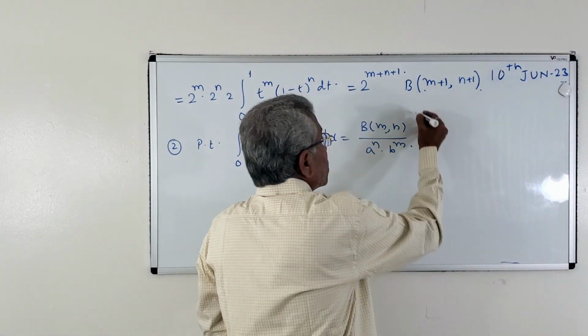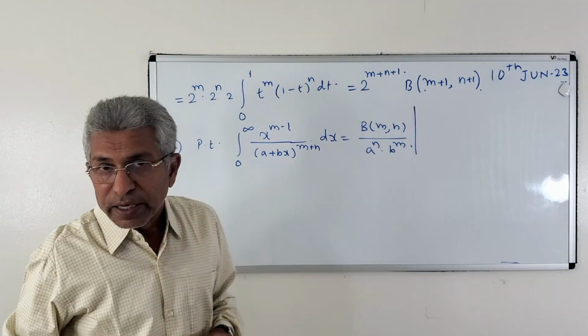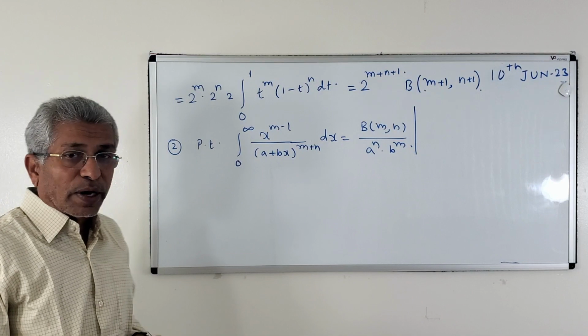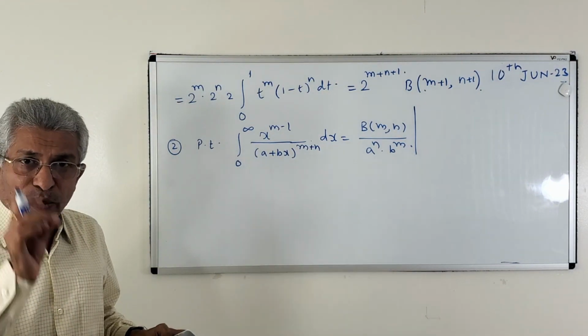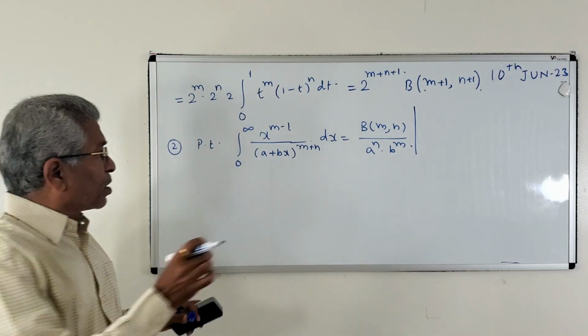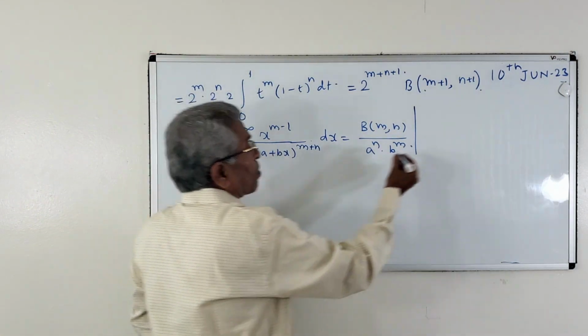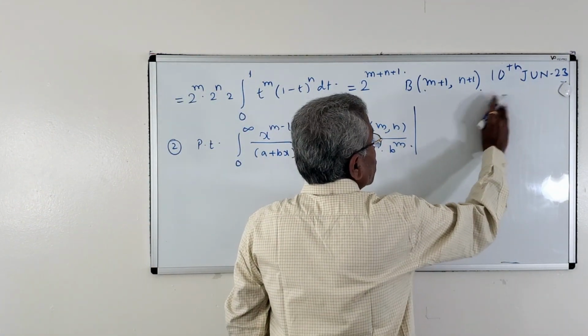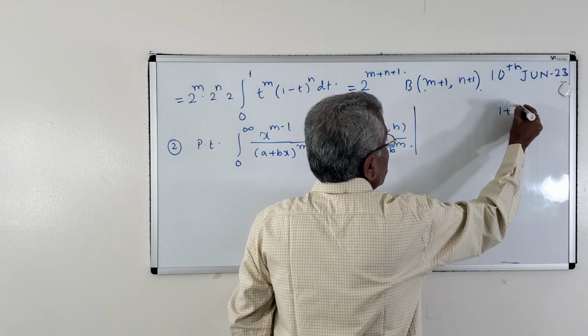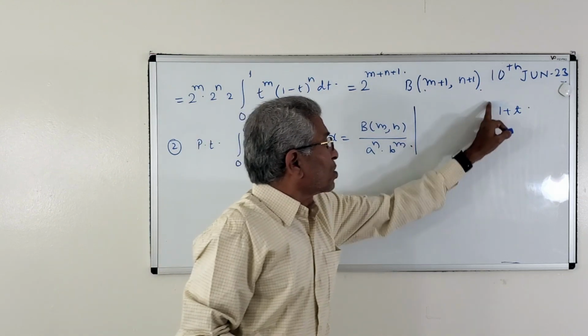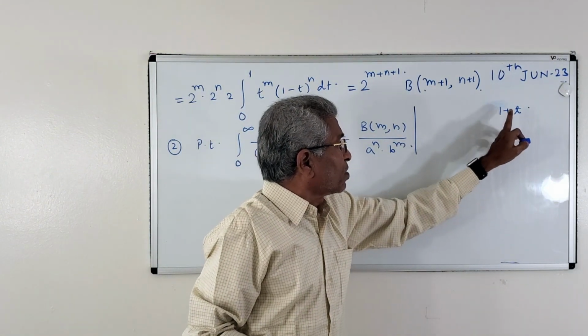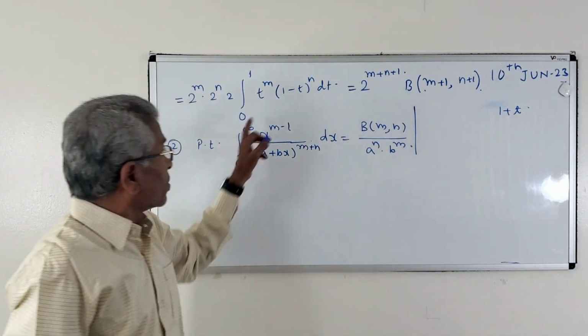Now to prove this integral, let us see the limits of the integral, 0 and infinity. When the limits are 0 and infinity, the denominator must be in the form of 1 plus t. So this expression is very important in this integral.